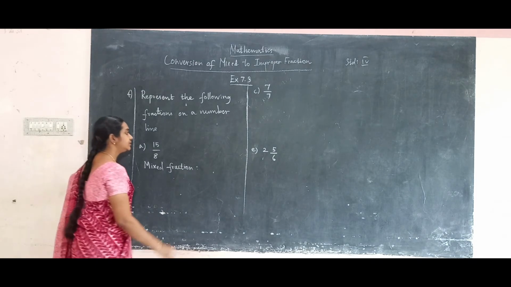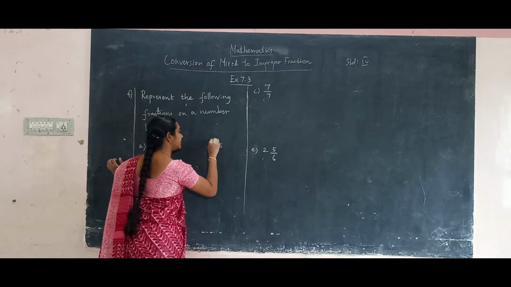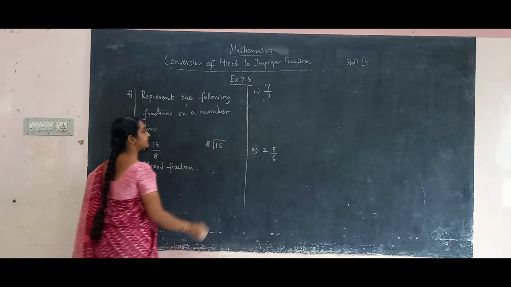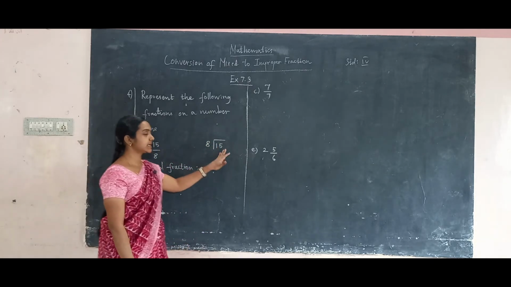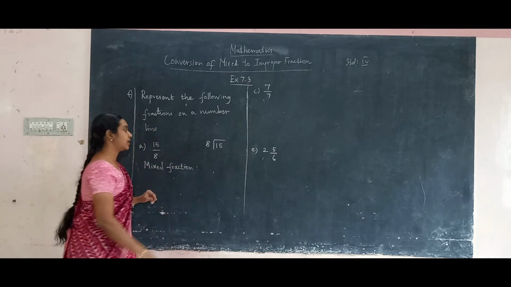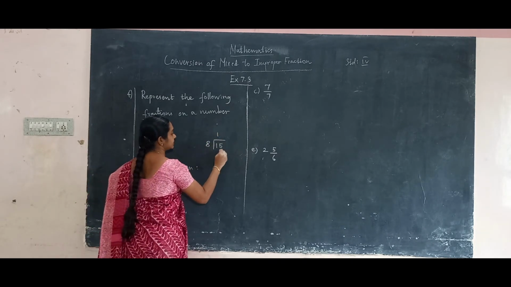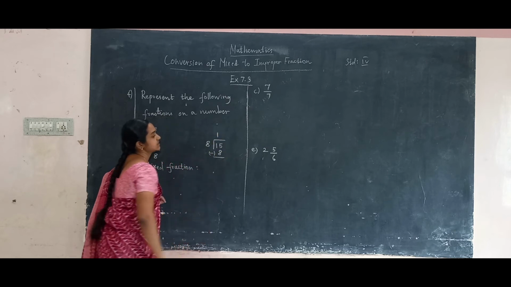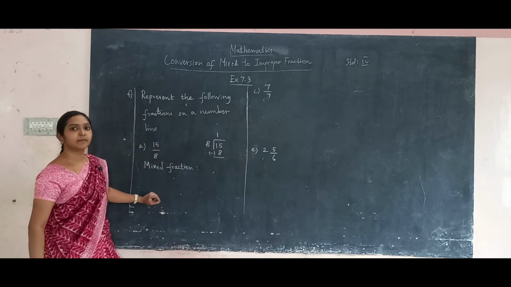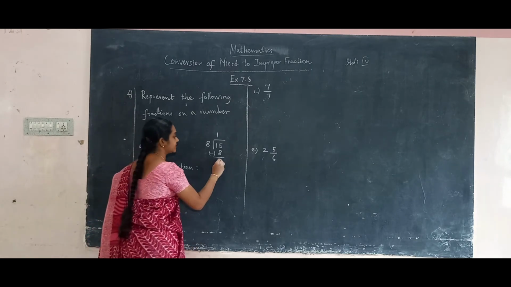First we have to divide numerator by denominator. 1 8 is 8, 2 8s are 16. 16 is exceeding. So we have to put 1. 1 8 is 8. Subtract. 15 minus 8 is 7.